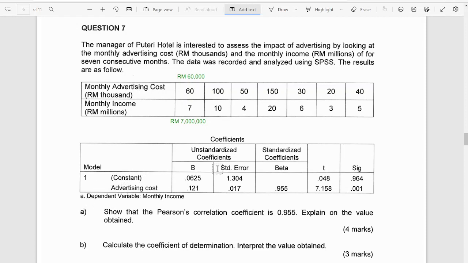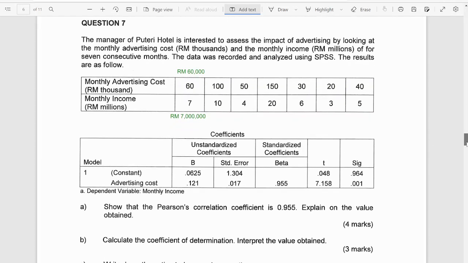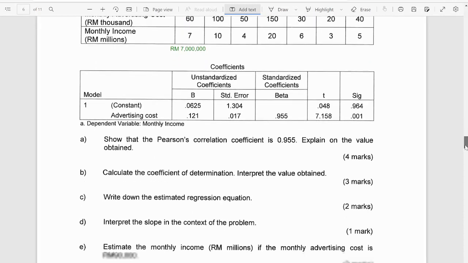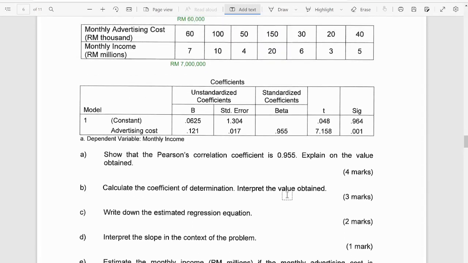Another way to identify the independent and dependent variable is by looking at the last question, where it states estimate. It says estimate the monthly income.